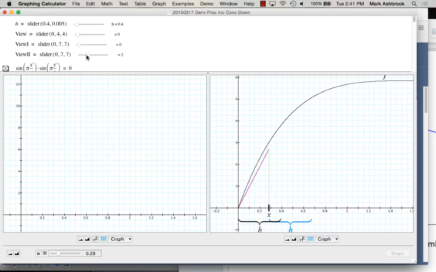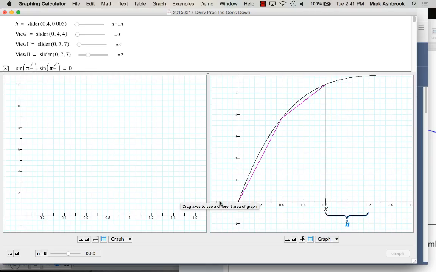The new and improved version is going to have to do with a blue sliding interval of h rather than the piecemeal version of h that we had before. Before, we set delta x or h at 0.4, and then we knew where all the intervals were going to be. But now let's let that interval always have a starting value of the current value of x.